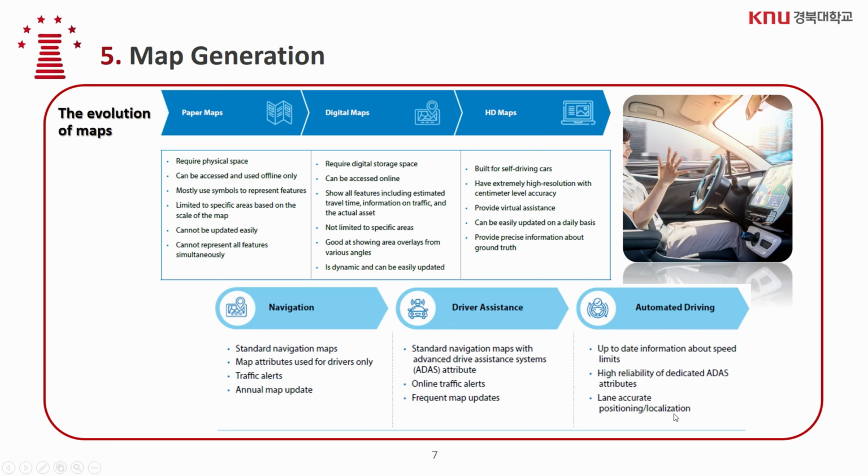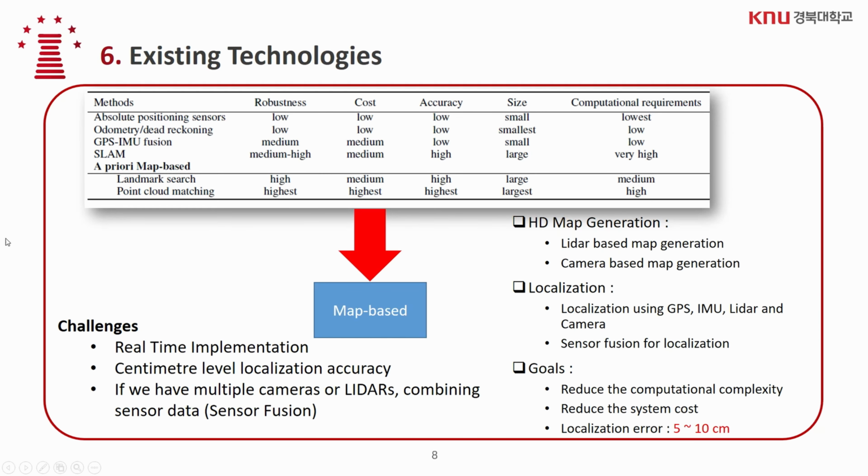So based on the map quality, or the information included in the maps, we can differentiate the level of localization, navigation, or the level of the autonomous driving system. Considering the existing technologies for autonomous vehicle localization, the very common method is absolute positioning sensors.